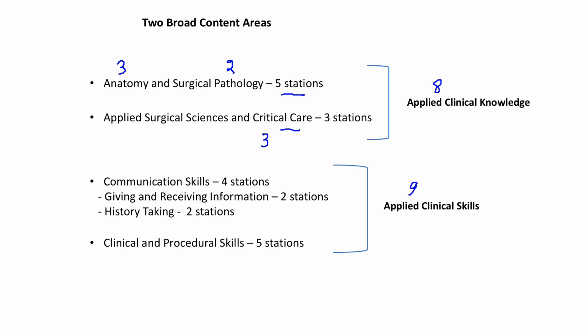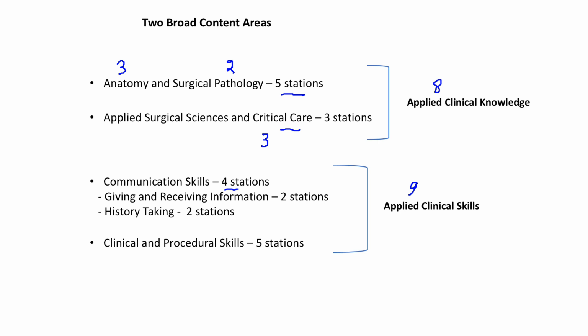Of these 9 stations, there are 4 communication skill stations, and of these 4, 2 stations are history taking stations. In these stations you take history from patients who are not real patients but actors.